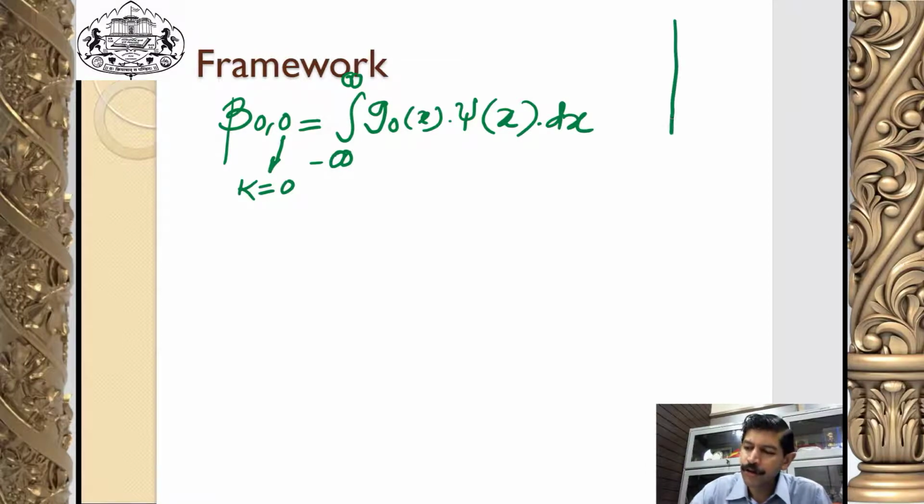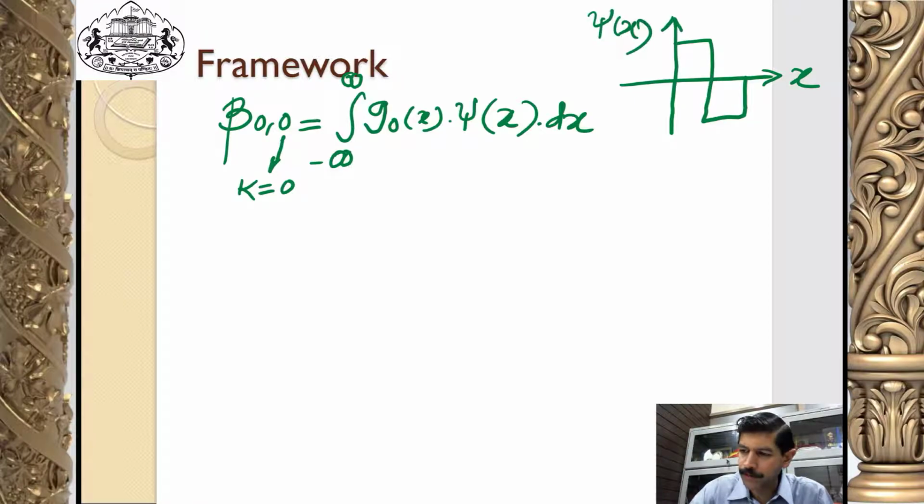Now since we have used Haar psi of x, it typically looks like this. If this is x and if this is psi of x, then between 0 and half it is plus 1, and between half to 1 it is minus 1.